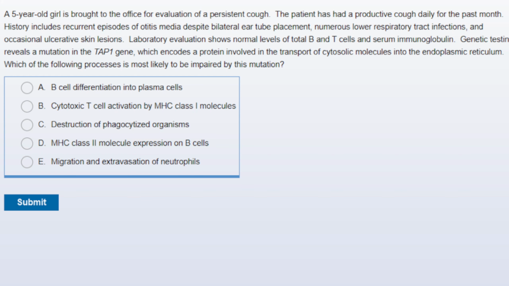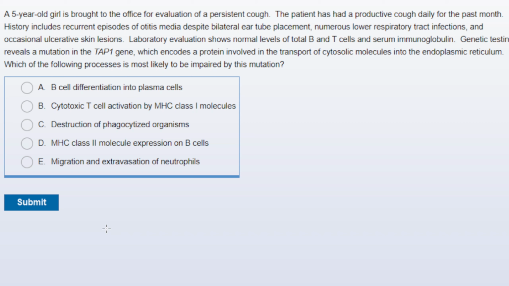We have a question related to something that we just learned today. A 5-year-old girl is brought to the office for evaluation of a persistent cough. The patient has a history of productive cough daily for the past month. History includes recurrent episodes of otitis media despite bilateral ear tube replacement, numerous lower respiratory tract infections, and occasional ulcerative skin lesions.